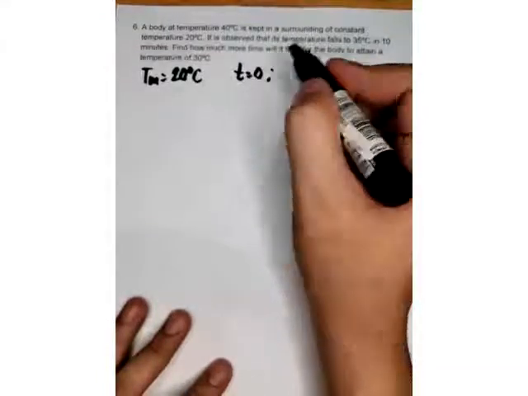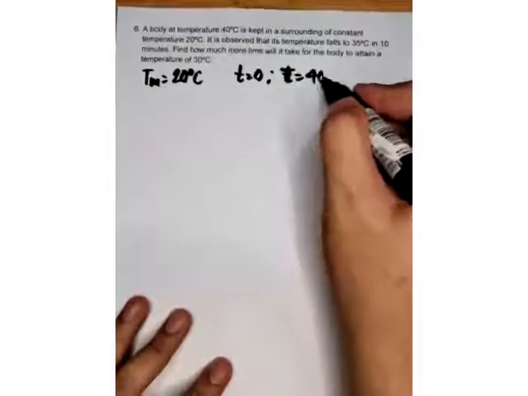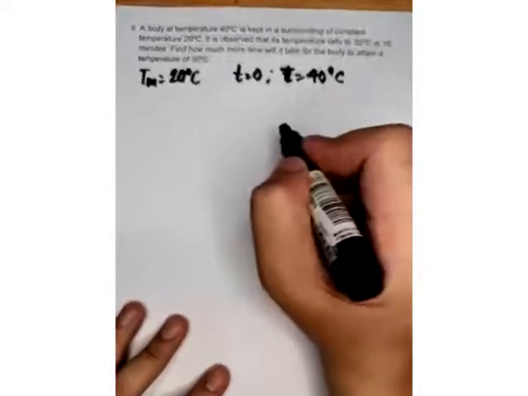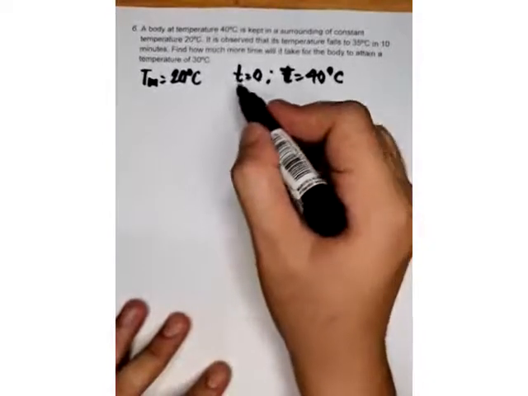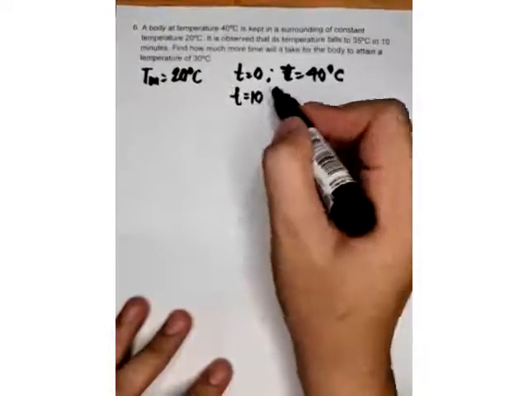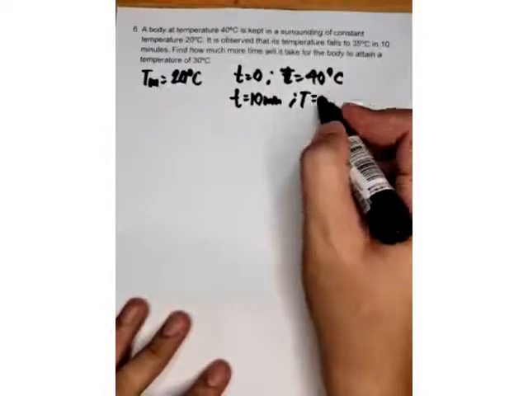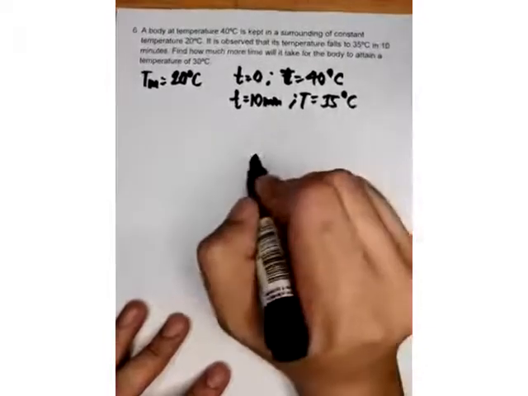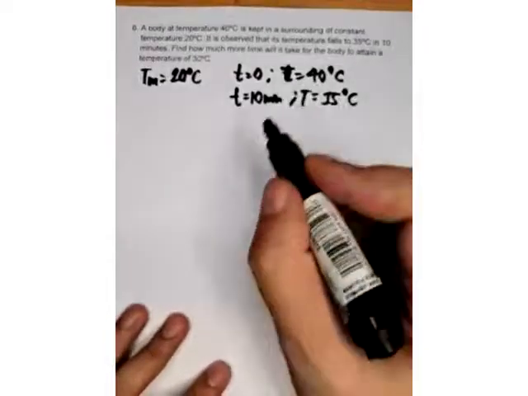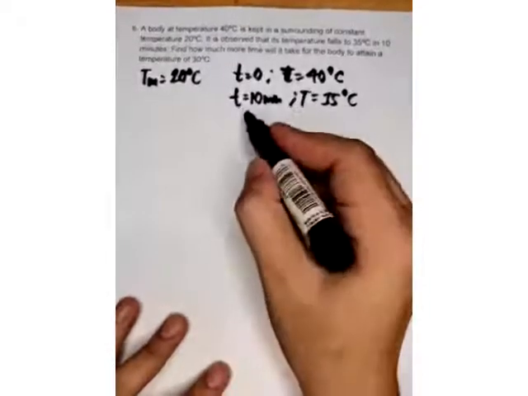So at t equal to 0, the temperature of the body is 40 degrees Celsius. It is observed that its temperature falls to 35 in 10 minutes. So t is 10 minutes, and the temperature is 35 degrees Celsius. Find how much more time it will take for the body to attain a temperature of 30 degrees.